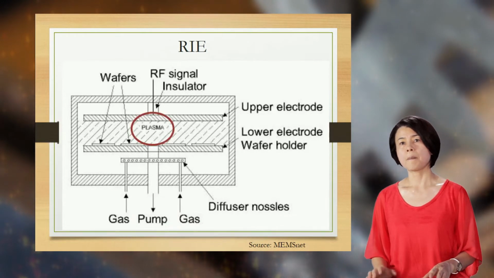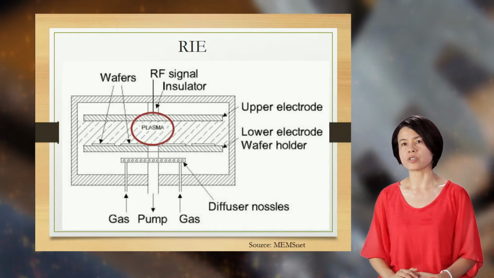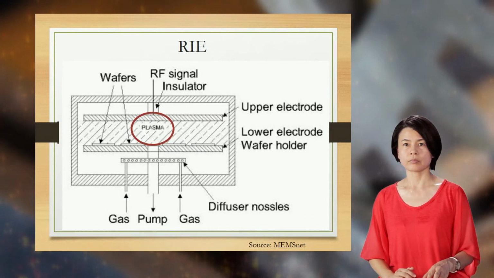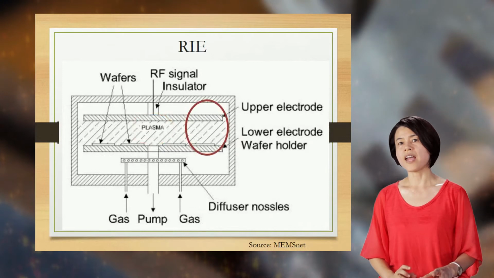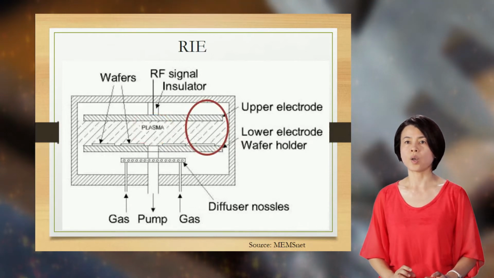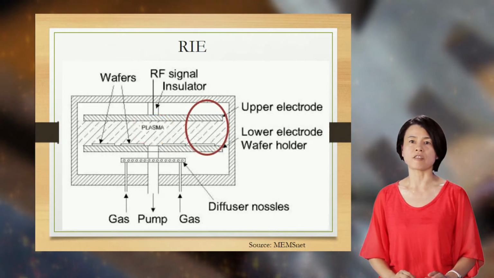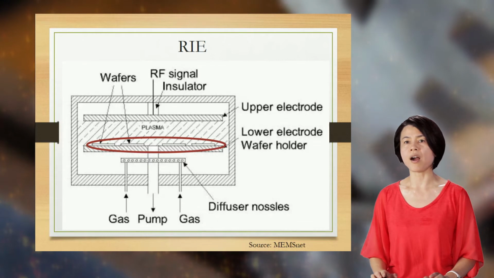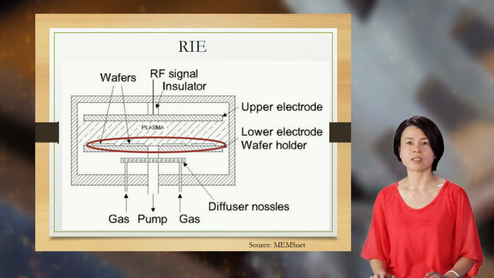Next, a pair of parallel electrodes supply energy for creating plasma. Wafers are held at the lower electrode, while plasma is bombarding from the upper electrode to remove the unprotected part of the wafer surface.